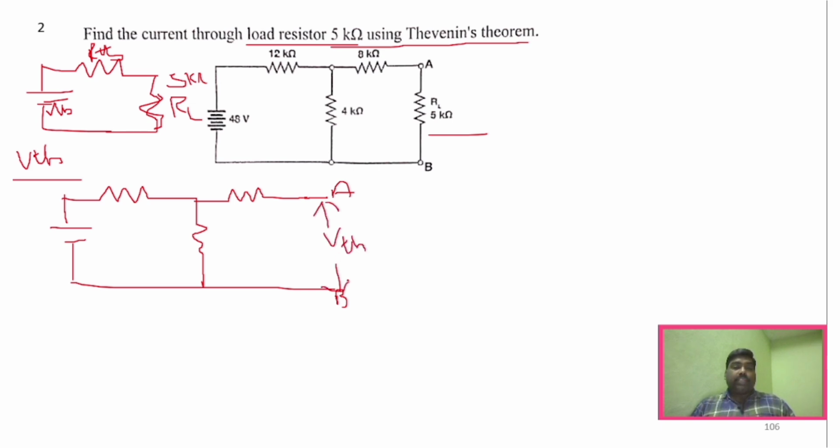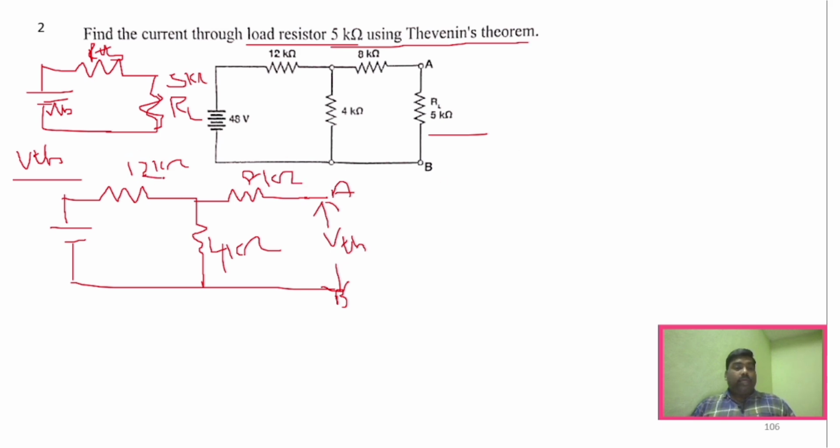Which means the voltage across this resistor is VTH. So here it is 4 kilo ohm, this is 12 kilo ohm, and this is 8 kilo ohm.